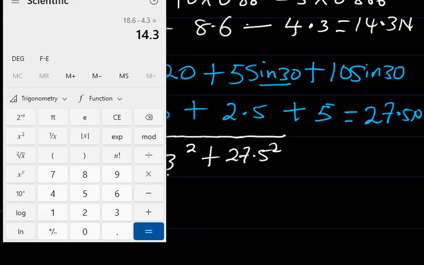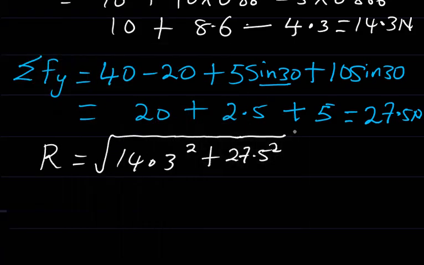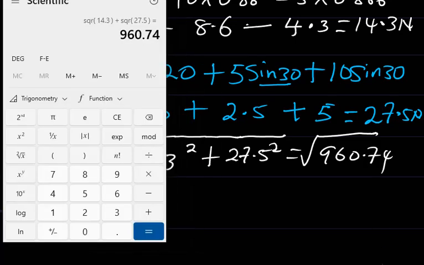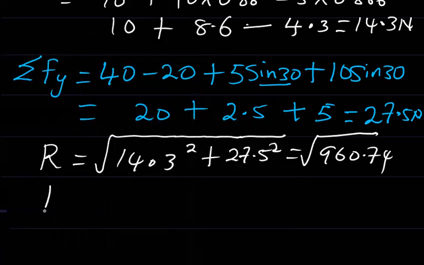Pick a calculator. 14.3 squared plus 27.5 squared is equal to 960.74. Now let's find the square root of 960.74. Approximately, the resultant is 31 Newton.